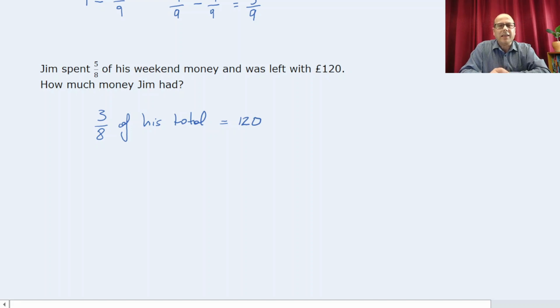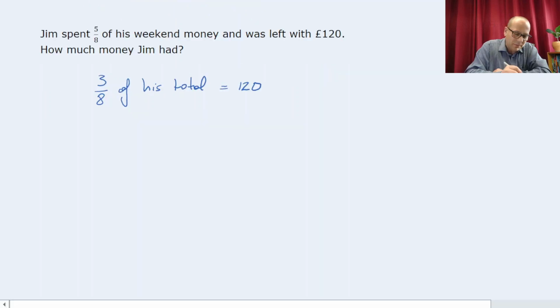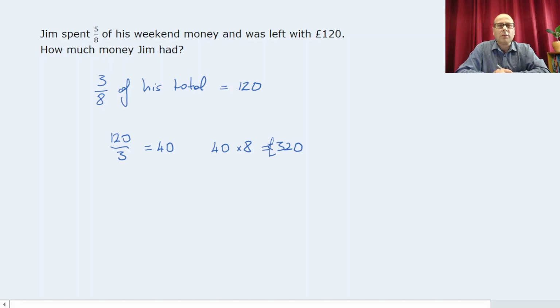So in this case, I just do the rule, divide by the bottom, multiply by the top. I'm going to do 120 divided by 3, which is 40. And then 40 multiplied by 8, which is 320. So therefore, Jim had 320 pounds.